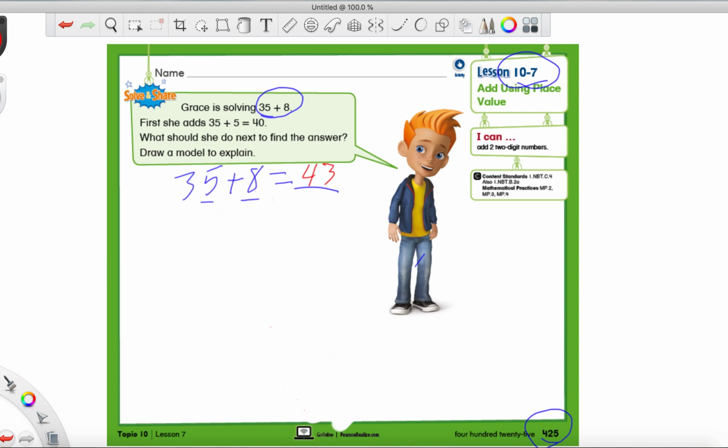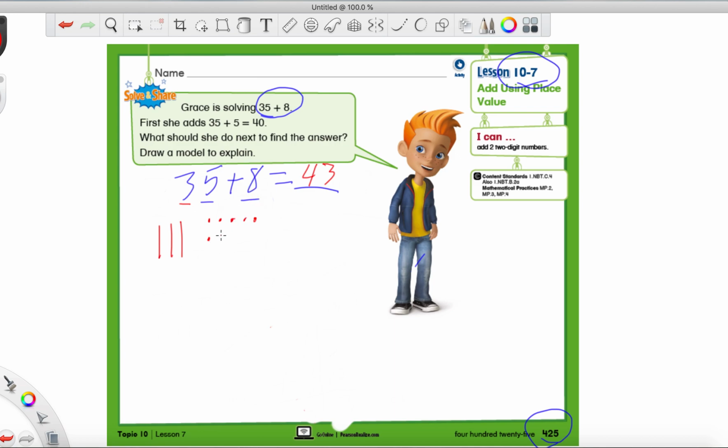Okay. So first I'm going to look at my tens. I'm going to draw all my tens, which is just 3, because 8 doesn't have a 10 with it. So draw 3 tens. And next, I'm just going to draw all my ones. So first I'll draw 5. 1, 2, 3, 4, 5. And then I'm going to draw 8.